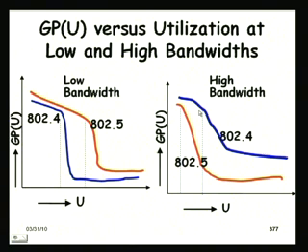So, what do you think? Why should the priority based protocol perform better in the low bandwidth situation and not perform as good in the high bandwidth situation?